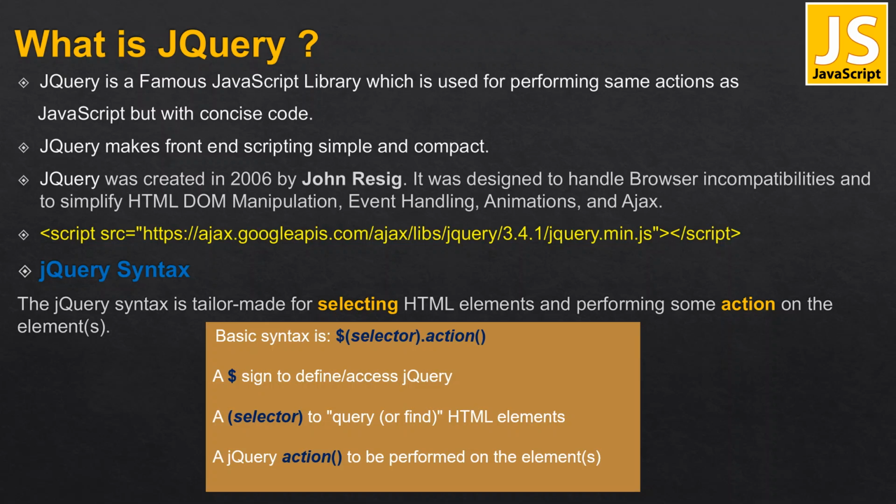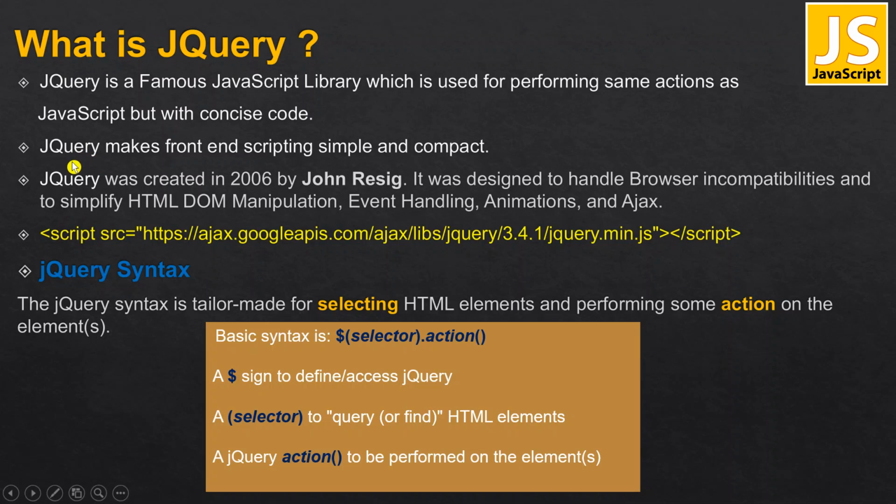Every developer desires to write code which is very little, but the functionality will be the same. When we use JavaScript as a front end programming language, naturally the code will increase, but with jQuery the size of the code will decrease and the code is very compact, friends.